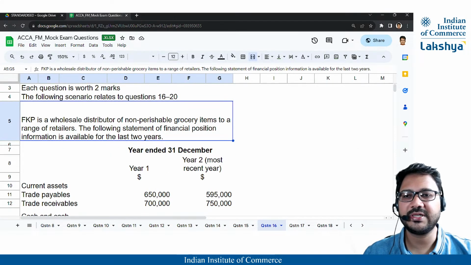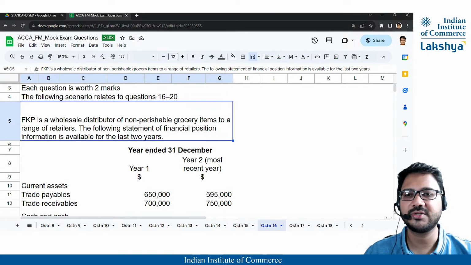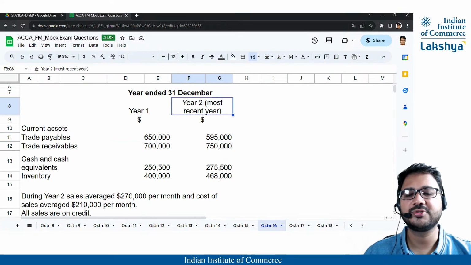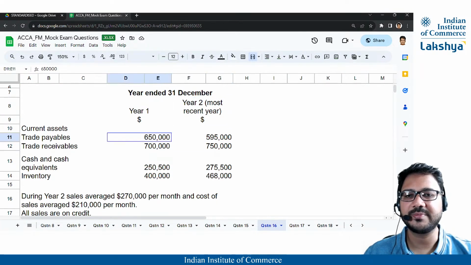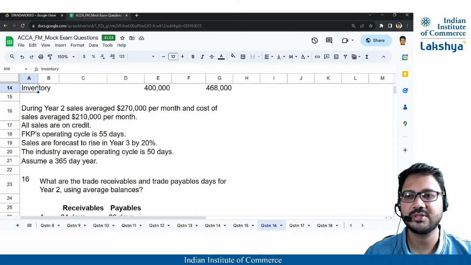FKP is a wholesale distributor of non-perishable grocery items to a range of retailers. The following statement of financial position is available for last 2 years. So year 1, year 2. Year 2 is the most recent year. Trade payables are given, trade receivables, cash and cash equivalents, inventory. During year 2, sales averaged 270,000 per month and cost of sales averaged 210,000 per month.